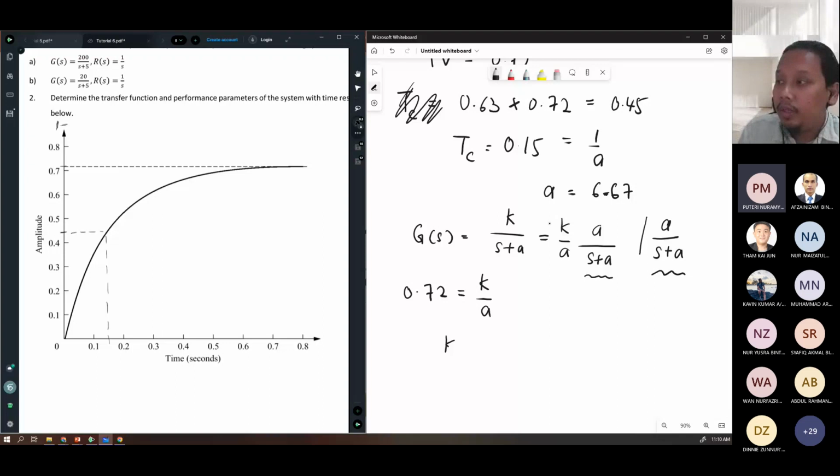So we need to find K. What is K? 0.72 times A. Let's use the calculator. Our A is 6.67 times 0.72, so it's about 4.8.